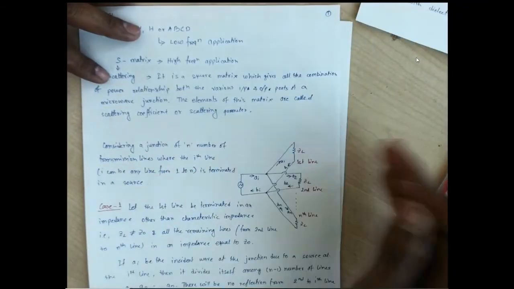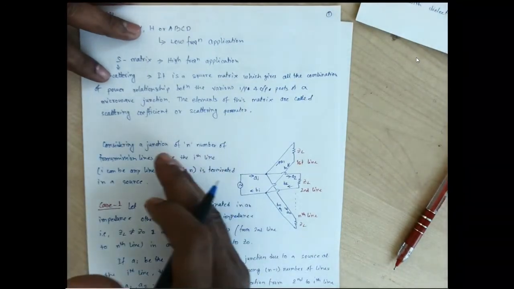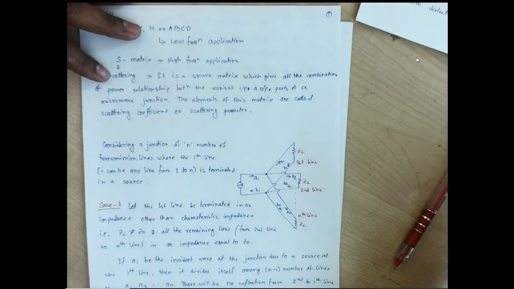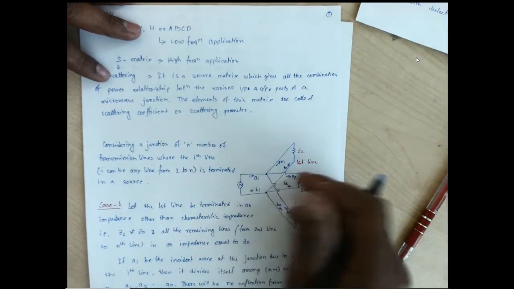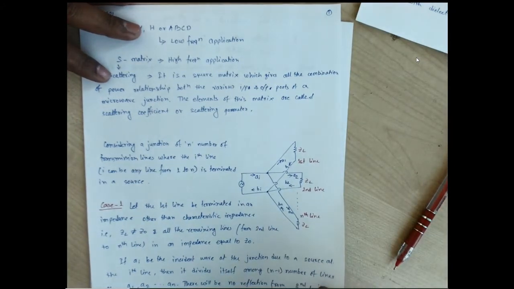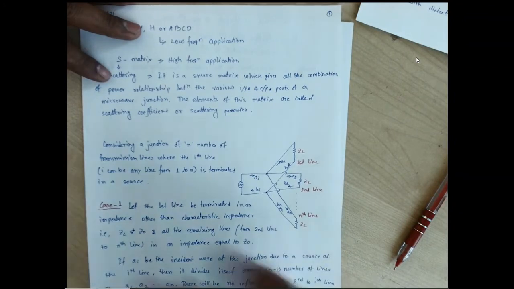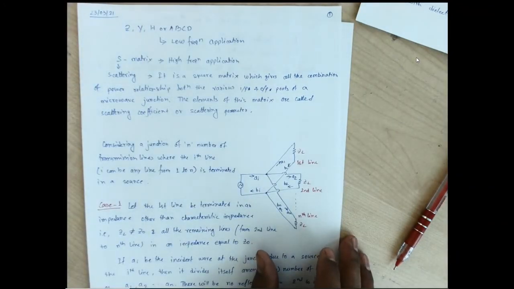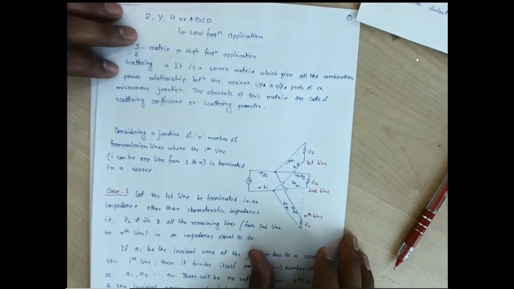The outward travelling waves are the waves which have travelled toward the load through this transmission line from the source, and for this case the source is connected in the ith line.